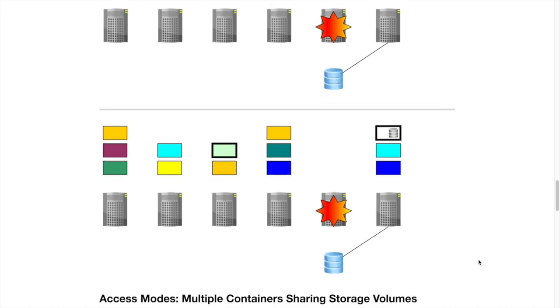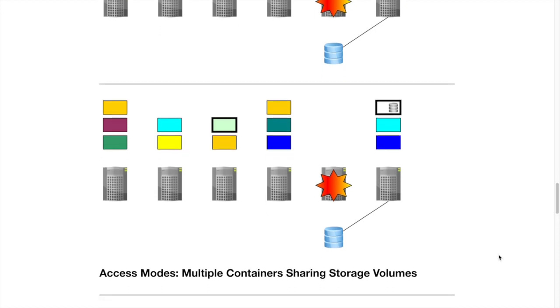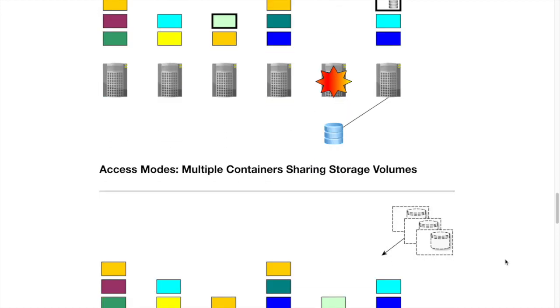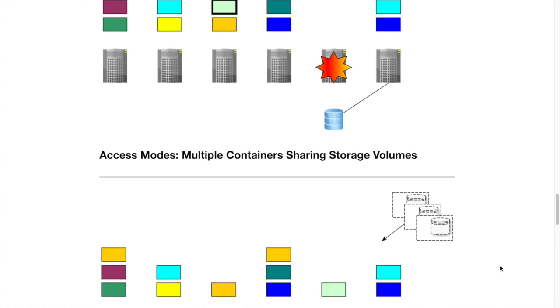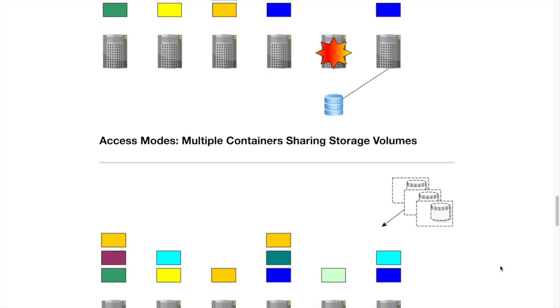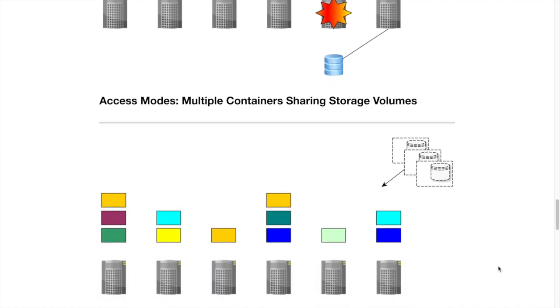All right, so let's talk about access modes. So far what I have described is something that we call single writer access mode. Single writer means that one node, that's the single, one node has read-write access to a particular volume.